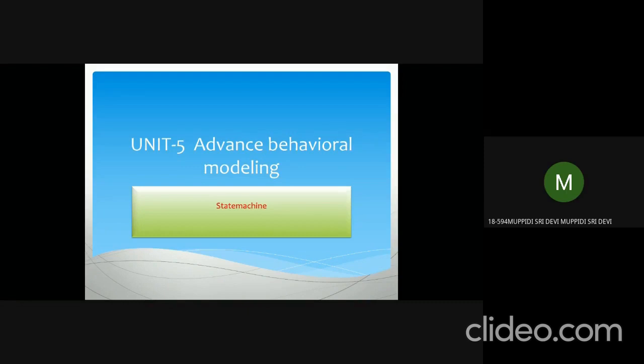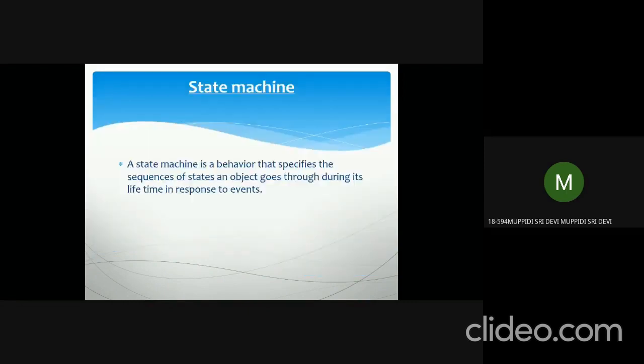Okay, so first of all, what is a state machine? If you remember, in the previous classes we have discussed interaction diagrams. What are interaction diagrams? Sequence diagram and communication diagram are interaction diagrams.